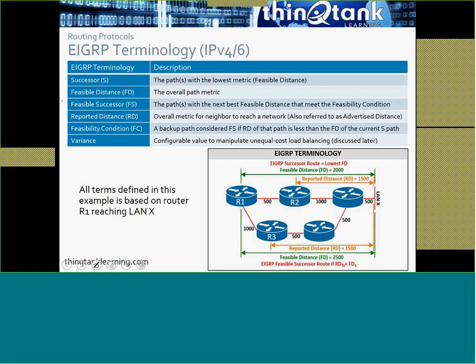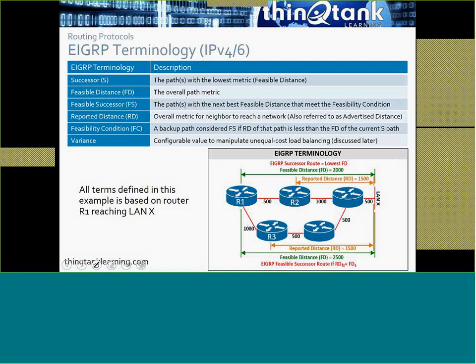Not only does EIGRP try to select the best path to a destination, it tries to pick the next best path to the destination. So if the best path fails, immediately switch over to the next best path. Okay? This is to increase convergence efficiency and decrease convergence time.